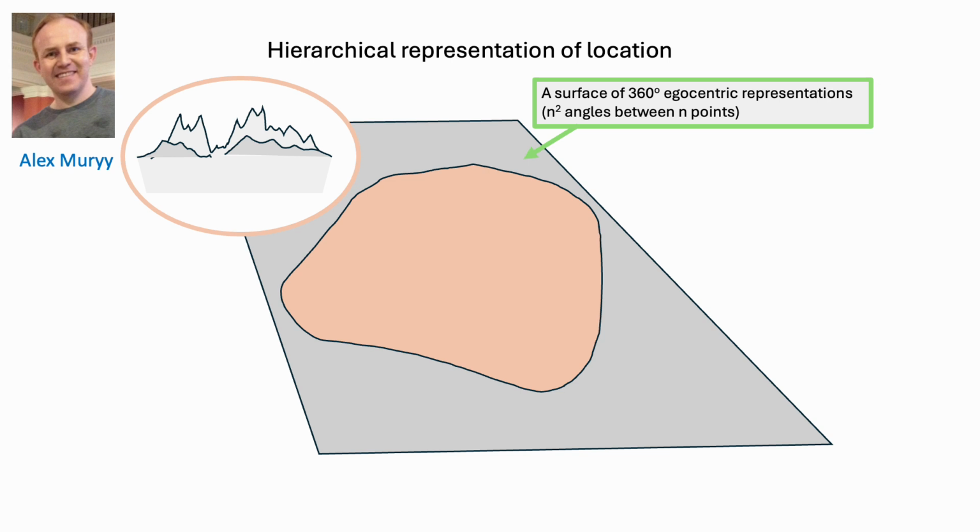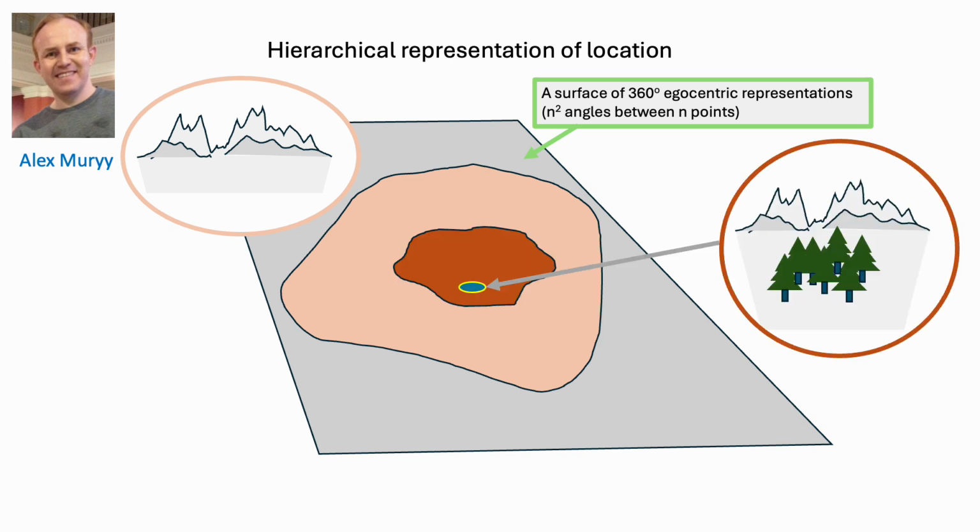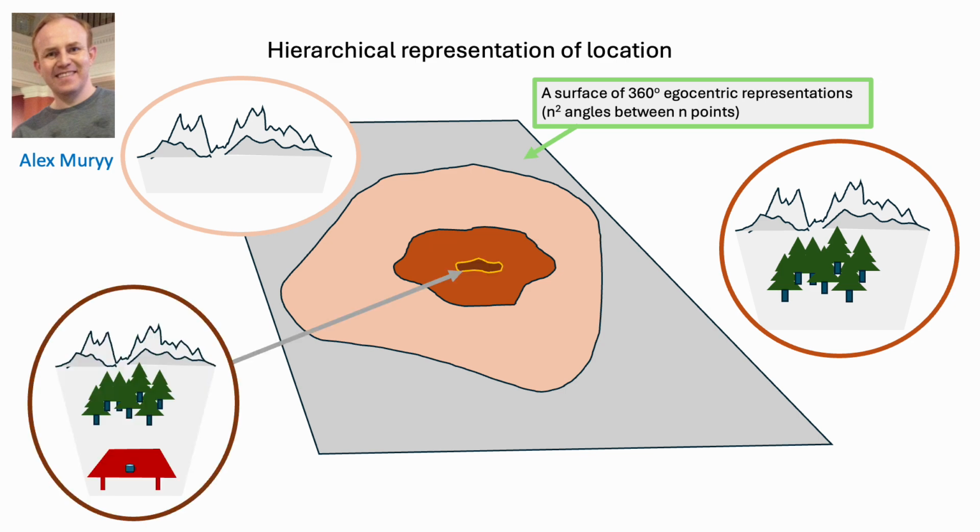You could move all over the place and the angles between the mountains won't change. Whereas if you now introduce some closer trees, you can still move a bit, but less so, before you get detectable changes in the angles between points. So that defines your location more precisely.